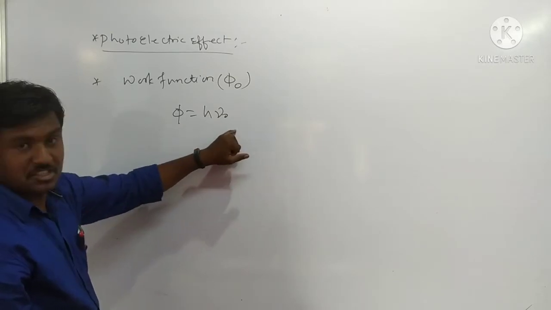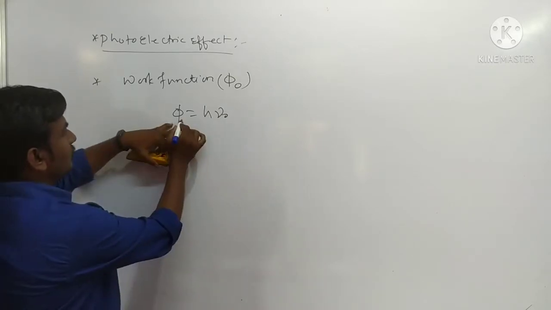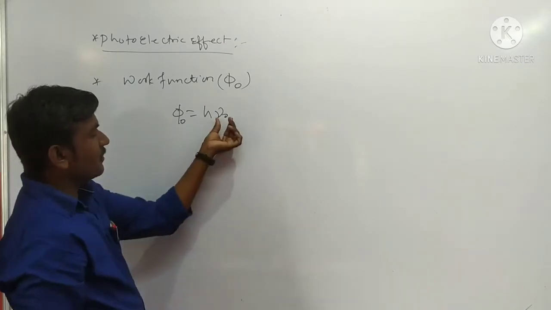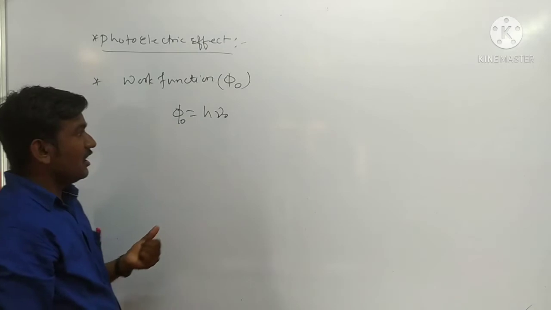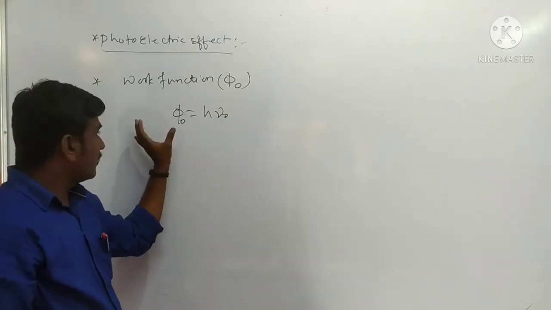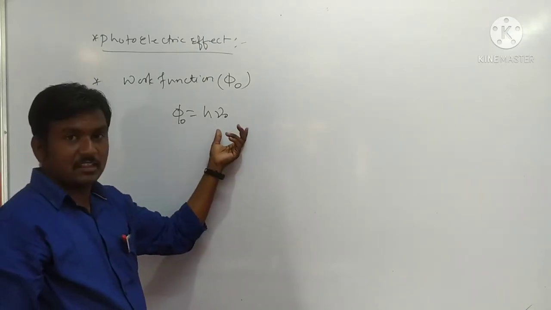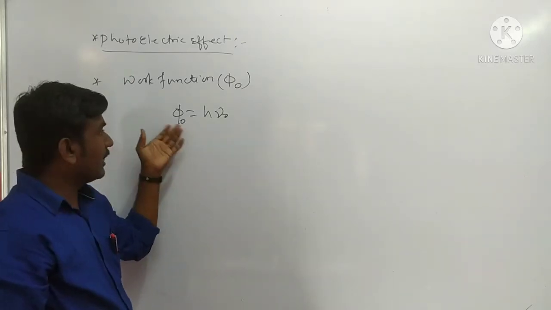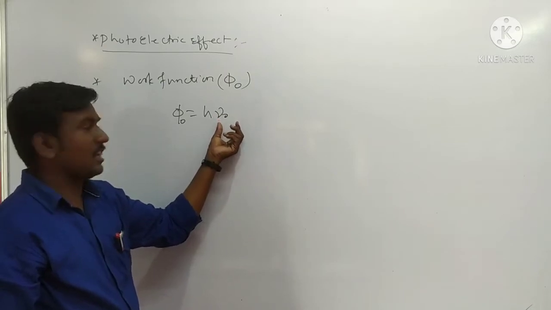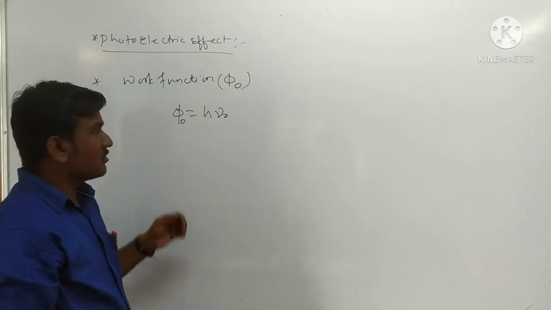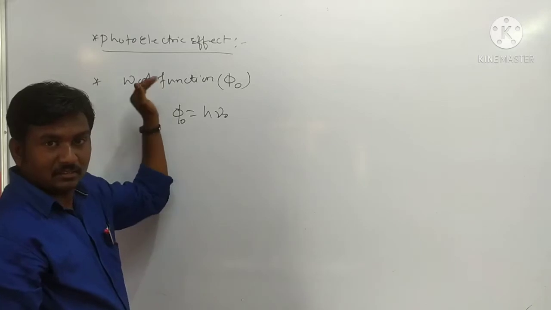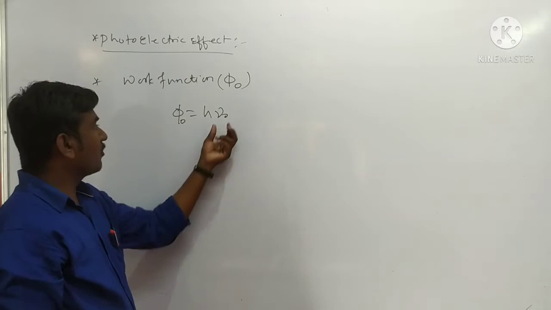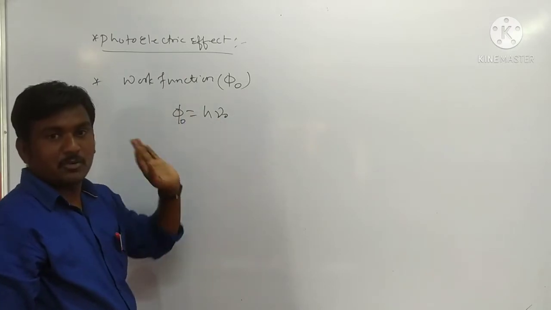So phi equals h nu naught, and phi naught is directly proportional to this frequency, which is called the threshold frequency. If the work function is very large, the frequency is also large. The more energy we insert to remove an electron, the more the frequency, directly proportional.